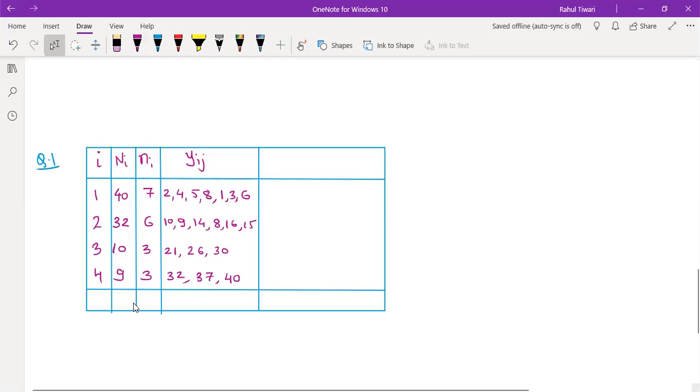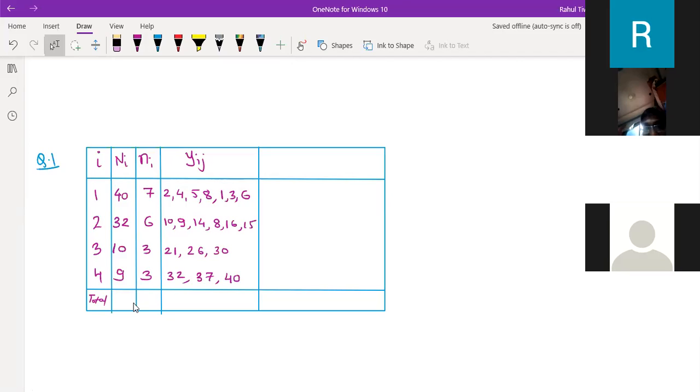One can get the total from here. So what could be the total here? The total of this, how much is it? 91. And the total of this, 19.